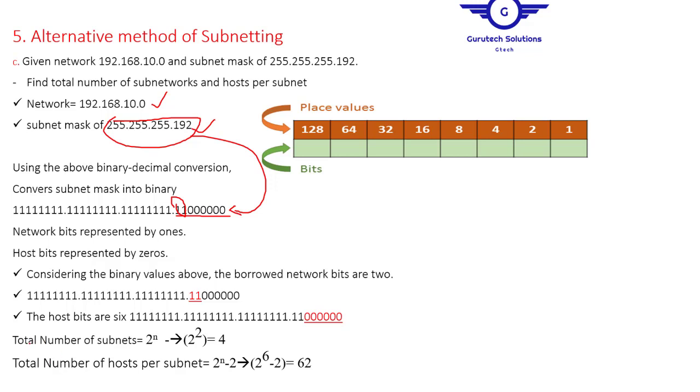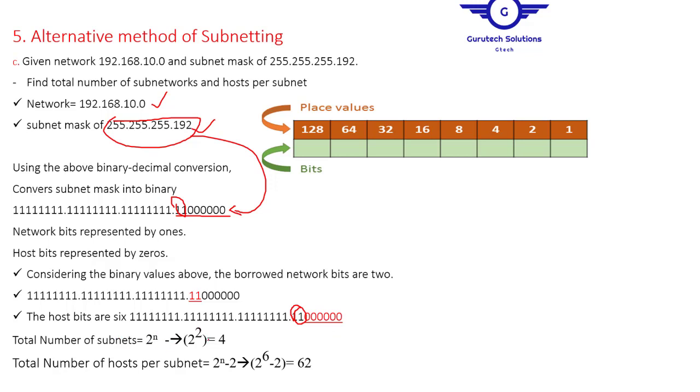So we just have to calculate the number of subnets. How do we calculate the number of subnets? We say 2 raised to power n, and you get the number of subnets. N represents the number of borrowed network bits, 1, 2.